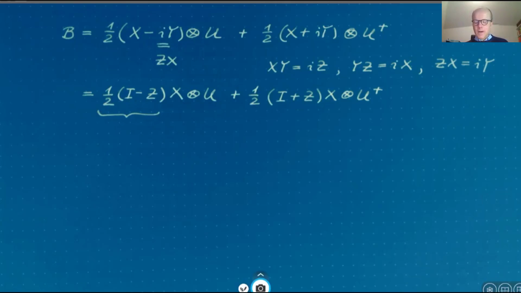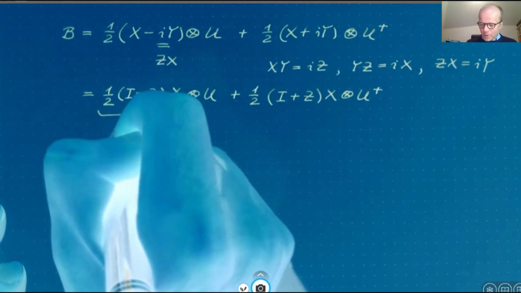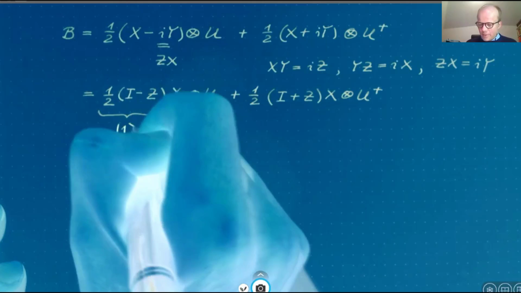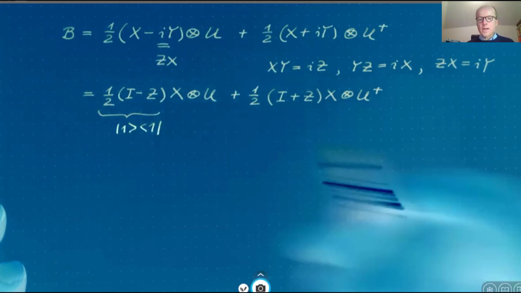In the lower right, you will have 2. And then you multiply this by 1/2, and this gives you a matrix with just one non-zero entry in the lower right, and that's the 1. And that's the projector onto the basis state 1.